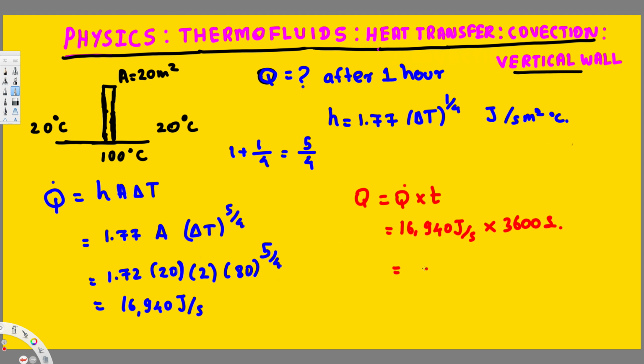Now if you multiply them together, that's going to give you 16,000. So let's write this one in scientific notation, because this is going to be a huge number if you calculate it. So this is going to be 6.1 times 10 to the power of 7 joules, and that's going to be our final answer.